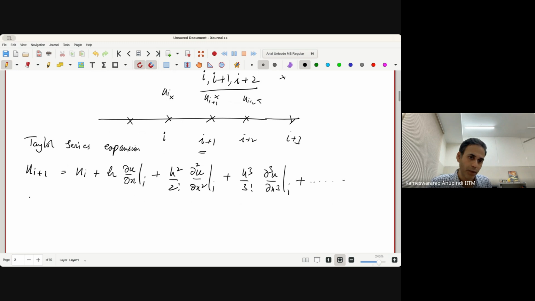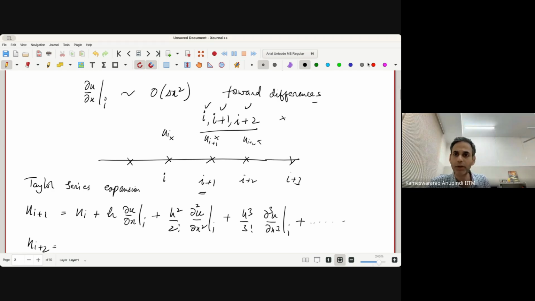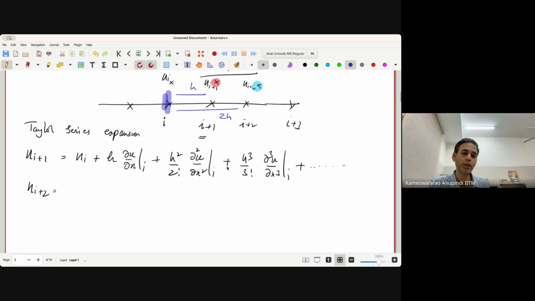And then let me make use of ui plus 2. What we have done is we have expanded ui plus 1 about ui. Similarly, now I want to expand ui plus 2 about xi. We notice that the distance earlier involved was h, whereas for ui plus 2 the distance is 2h, because it is 2 grid points away.